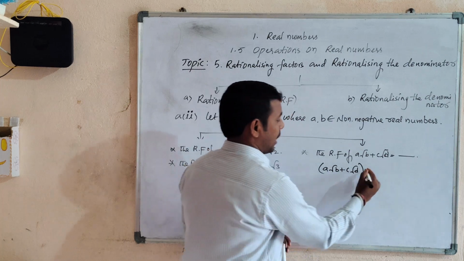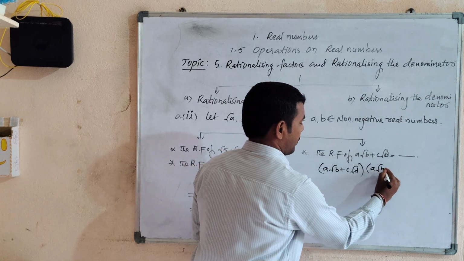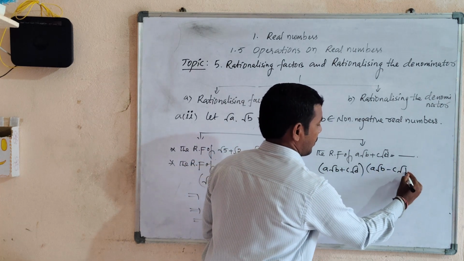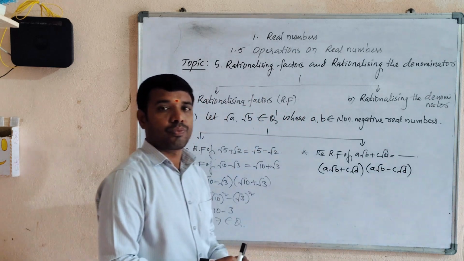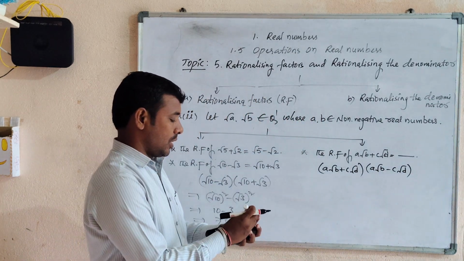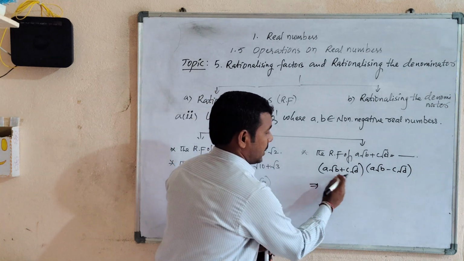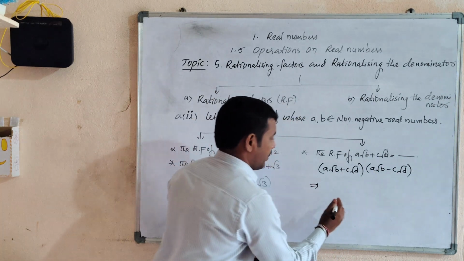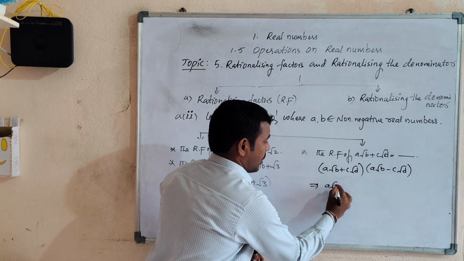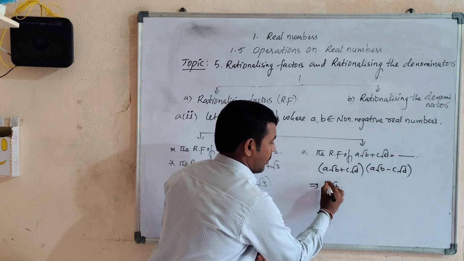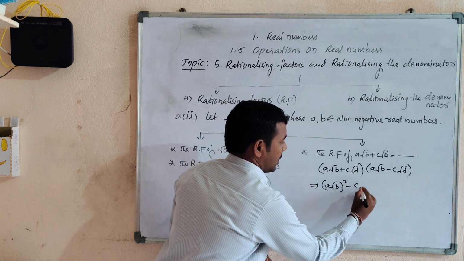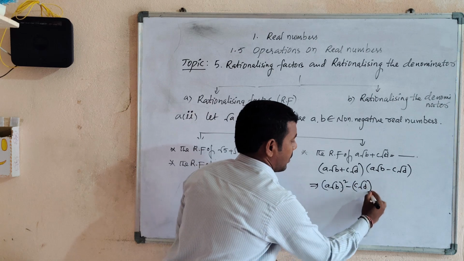Now you multiply this with a square root of b minus c square root of d. Through that you will get the result. It is in the form of (a plus b) into (a minus b). Based on that, a into square root b whole square minus c into square root of d whole square.